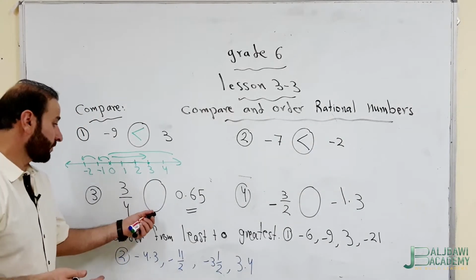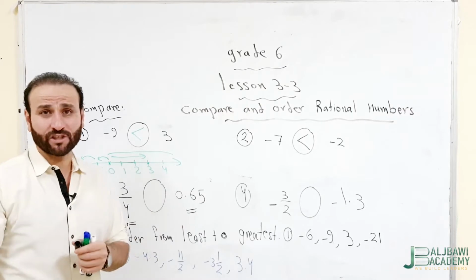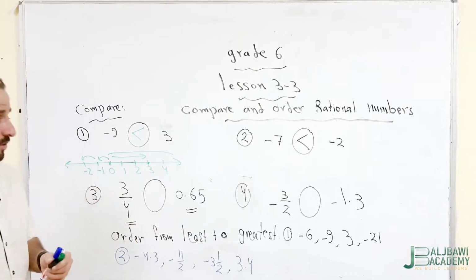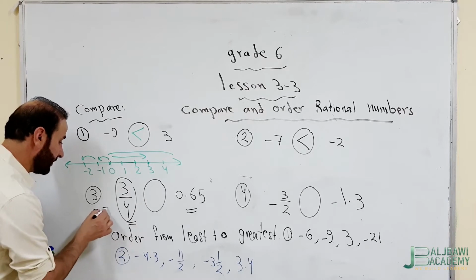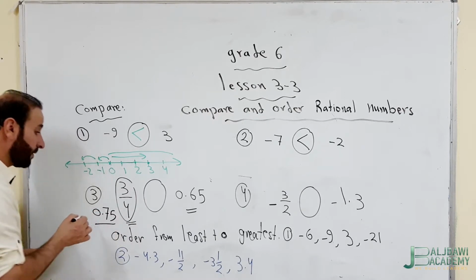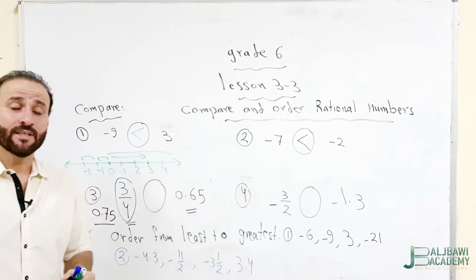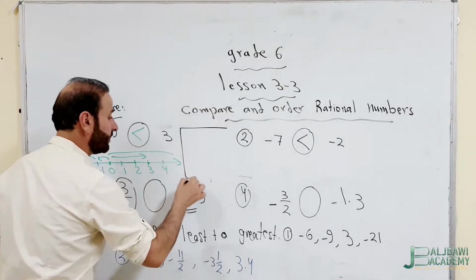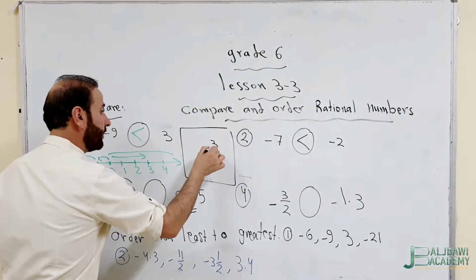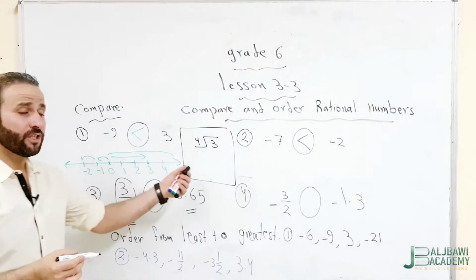Here, 3/4 is a famous fraction. It's a benchmark fraction. So most of you know that 3/4 is 0.75. But if you don't know that 3/4 equals 0.75, you need to do long division. Here, 3 divided by 4 to change the fraction to a decimal.